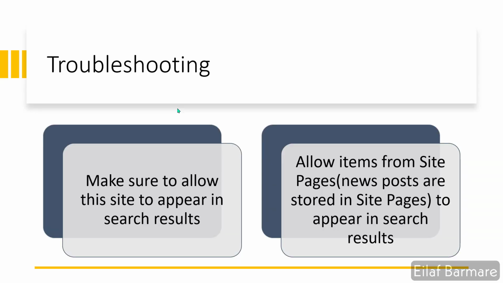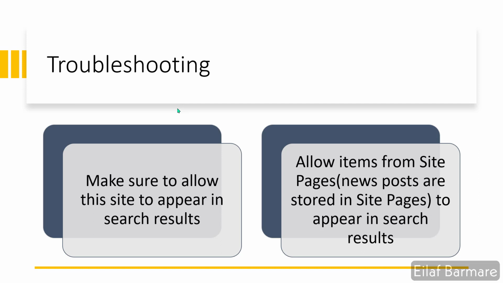In order to troubleshoot this issue, there are only two simple things that you need to check to make this work. First of all, you need to make sure that the site wherein the news posts are stored, that is my SPO dev site, appears in the search results, is allowed to appear in the search results.